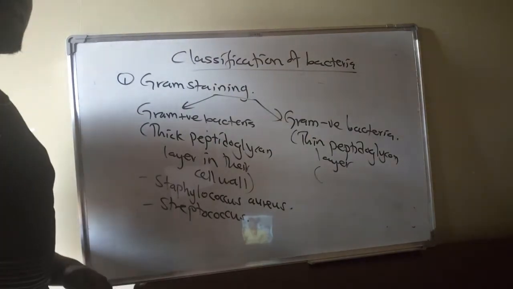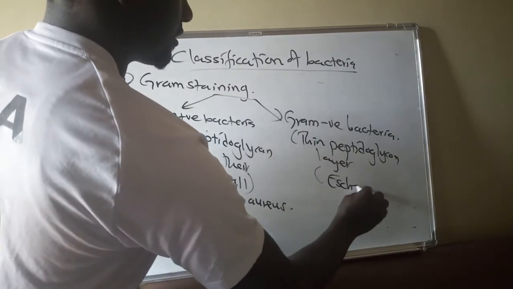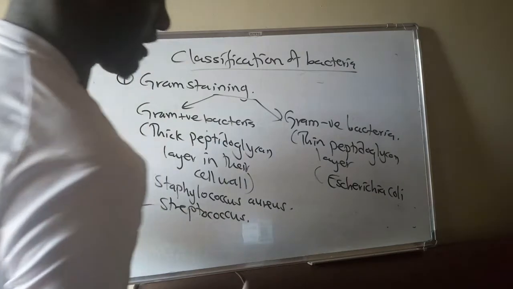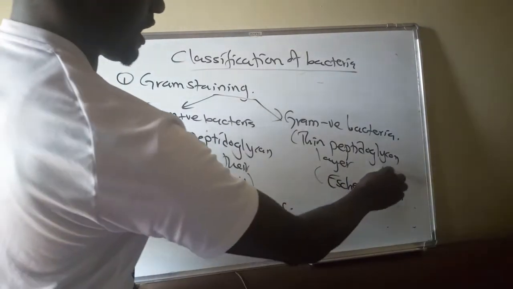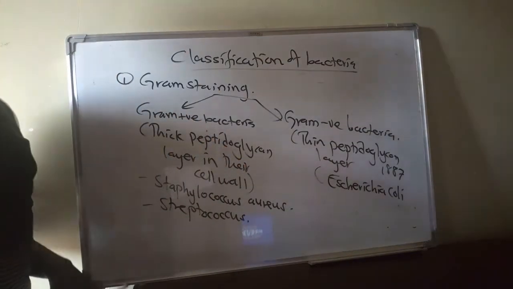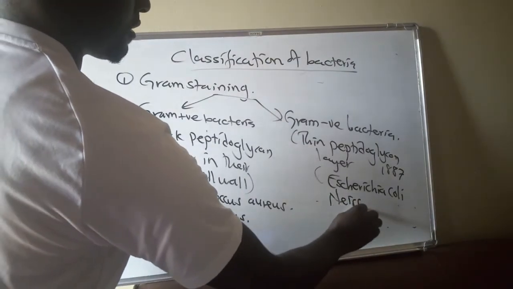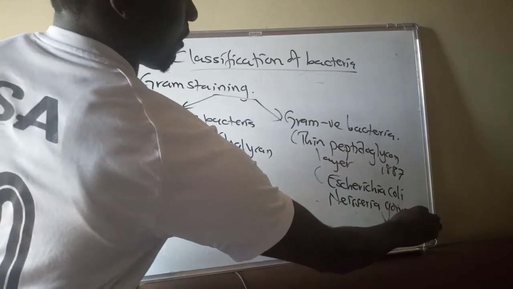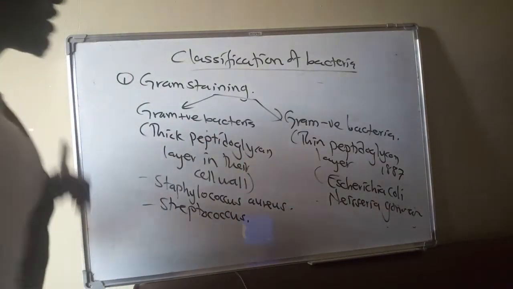Examples of gram-negative bacteria include E. coli, Escherichia coli, which was discovered by Professor Escherich around the year 1887. Then we have Neisseria gonorrhoeae, which causes gonorrhea. That's classification based on staining.